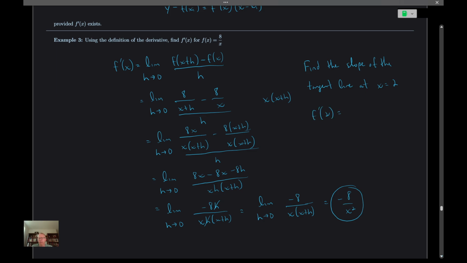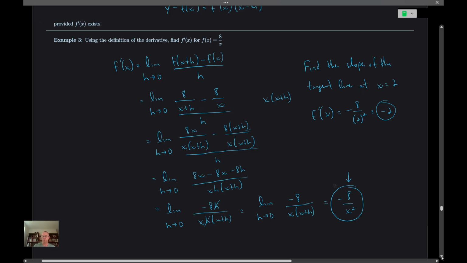F prime of x is negative 8 over x squared, so this is just negative 8 over 2 squared, which is going to give negative 2. Okay, now I didn't ask us to do that, but that is what you can do once you find this. Now you can plug in any valid number for x, and that will give you the value of the derivative, or the slope of the tangent line at that point.